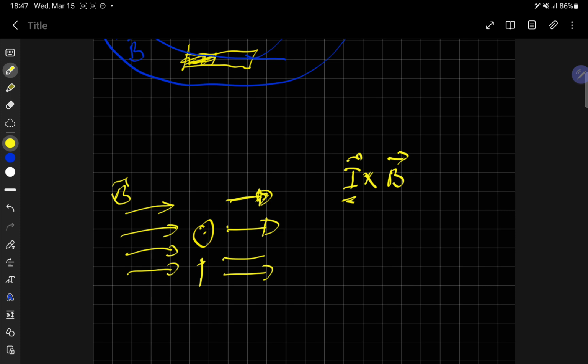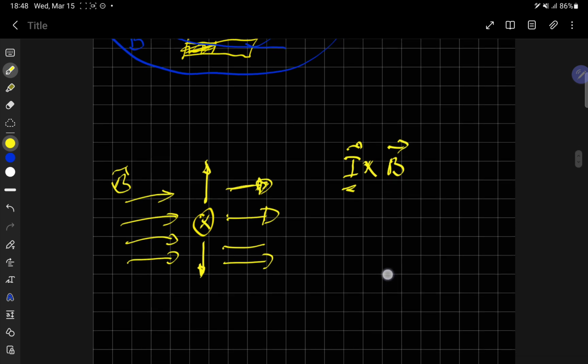So in this situation here, the force on this wire will be up, but if we have a current which goes into the screen, the force on this wire will be in this direction.